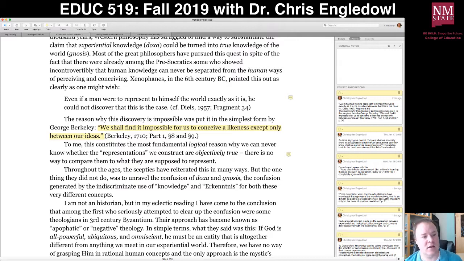And von Glasersfeld kind of reflects back to some of these statements here. This piece where he cites Diels saying, even if a man were to represent himself the world exactly as it is, he could not discover that this is the case. The reason why this discovery is impossible was put in its simplest form by George Berkeley. We shall find it impossible for us to conceive a likeness except only between our ideas.